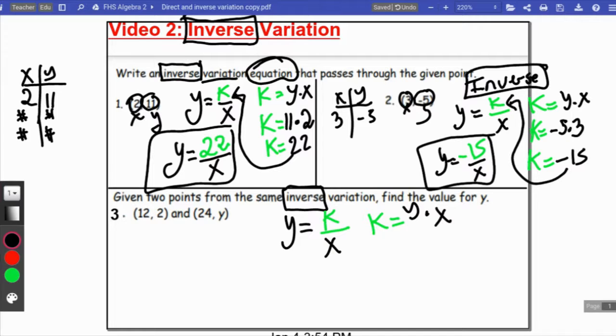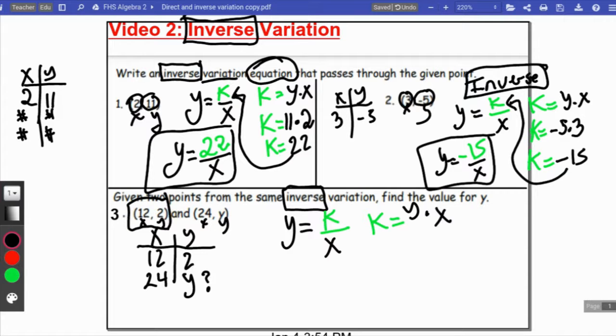Now look at this table. I'm going to put this information in the table. I have my x, I have my y, I have the 12, I got the 2. I have the x here, I have the 24. And then I have the y. I don't have a number here, so I guess this is the question mark, because they want me to find the value of y. Well, I'm going to use the first point right here, because that's known to me, the x and the y.